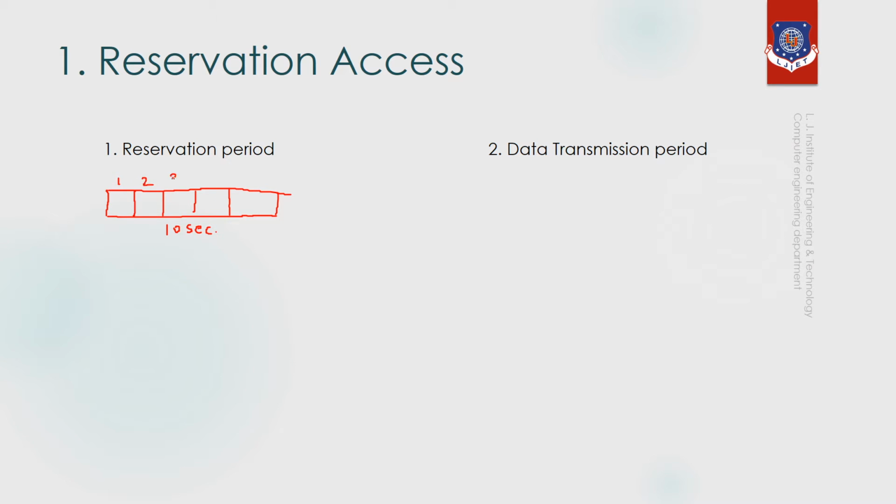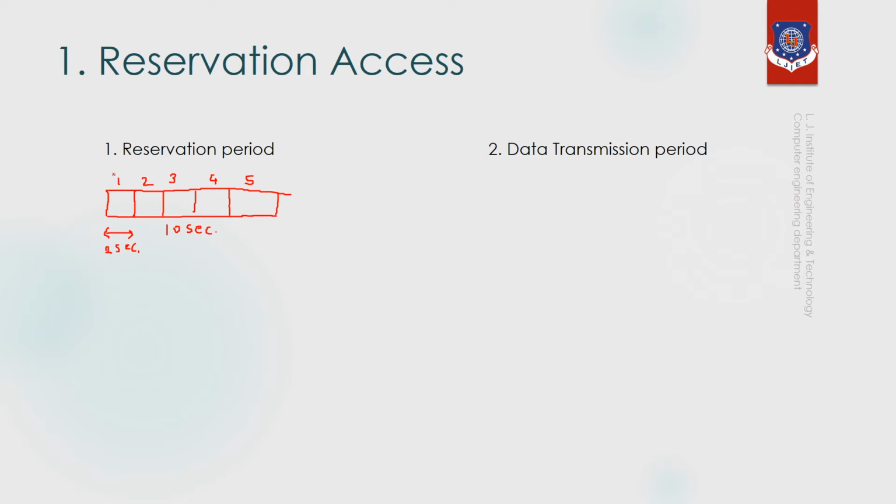So each device will have their respective reservation slot. And if any device wants to send any data, they must make reservation in the respective slot only. Now you can clearly see that length of each slot is 2 seconds.